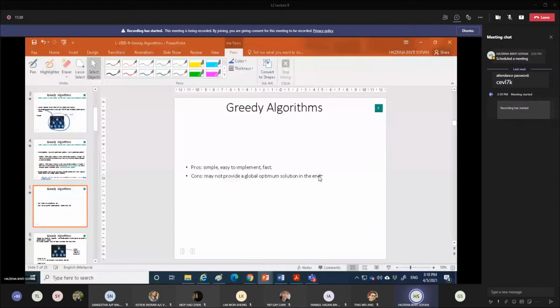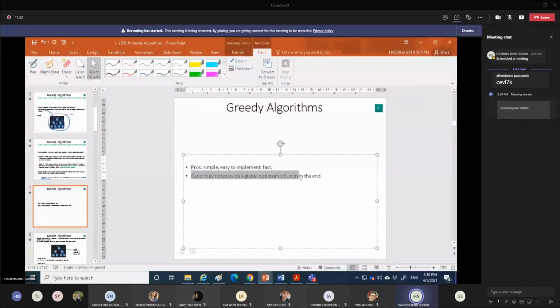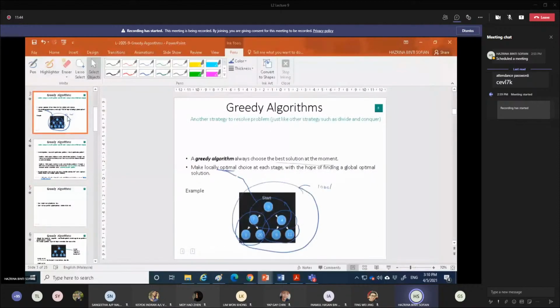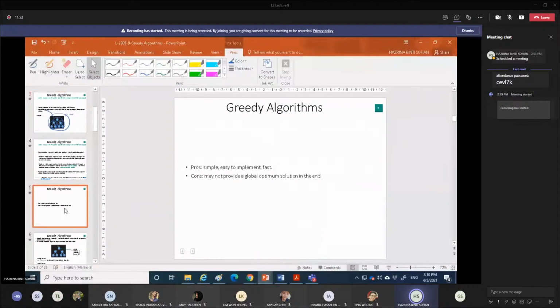Later in this course, we will learn about dynamic programming. The difference between greedy and dynamic programming is that with greedy, once we decide on this path, we cannot reconsider the other path. But dynamic programming is able to reconsider the other path.